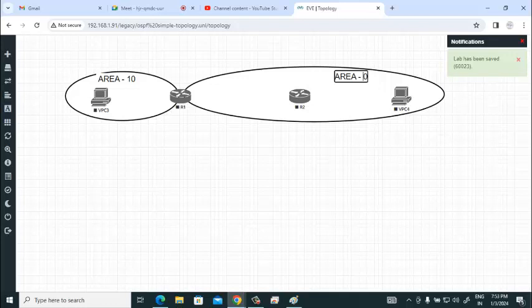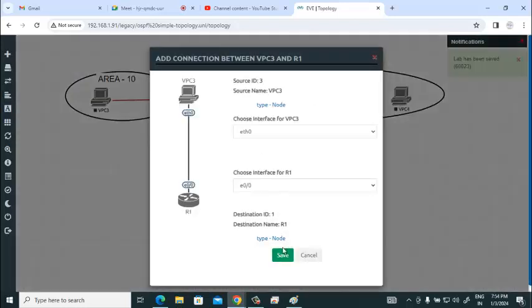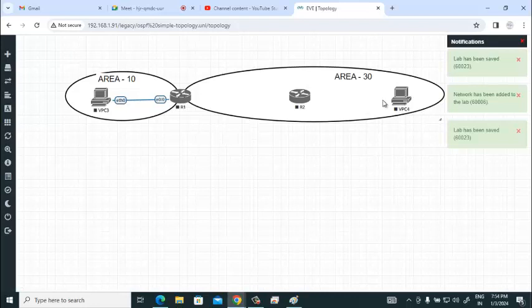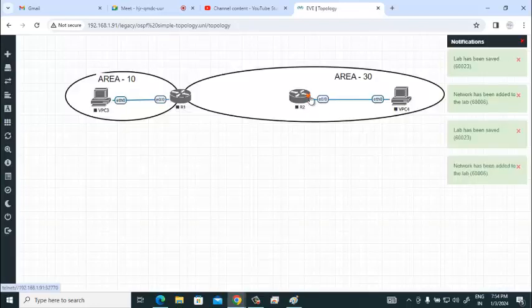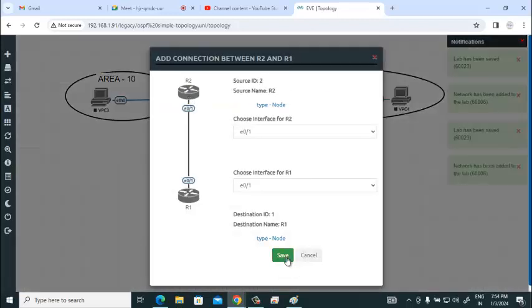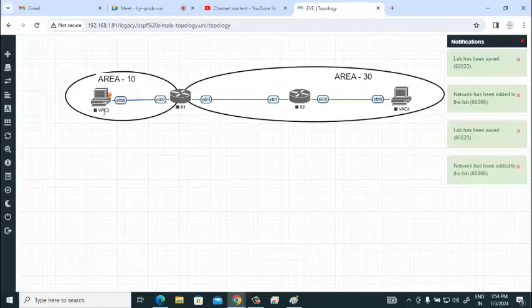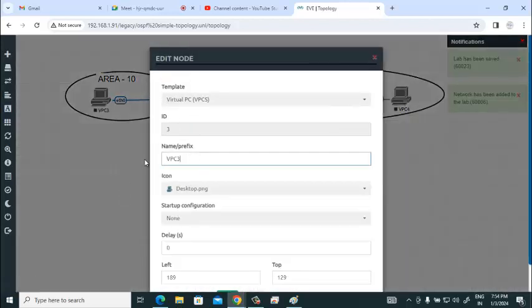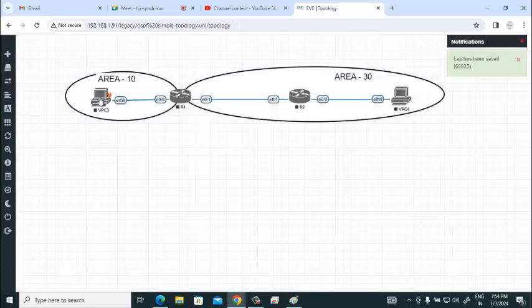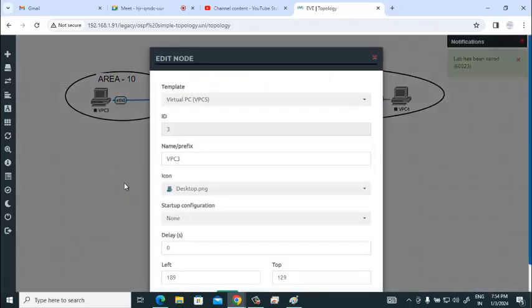Okay. Now I'll connect the wires. And for this computer, let me just type the name 10.0.0.1. Why is it not changing the name?